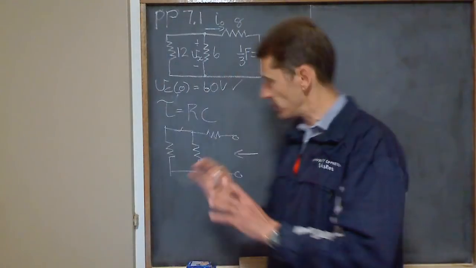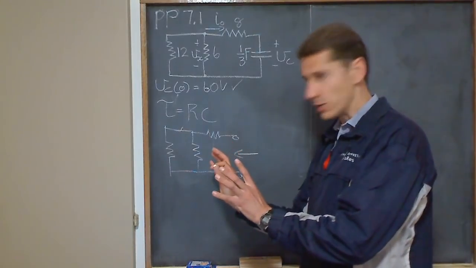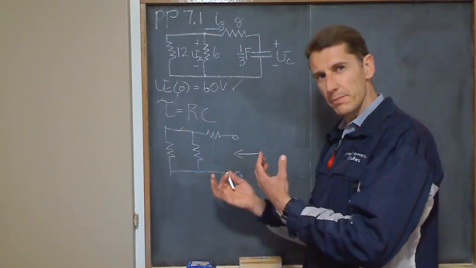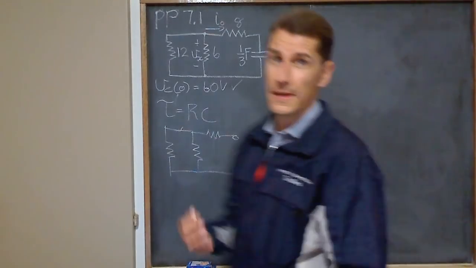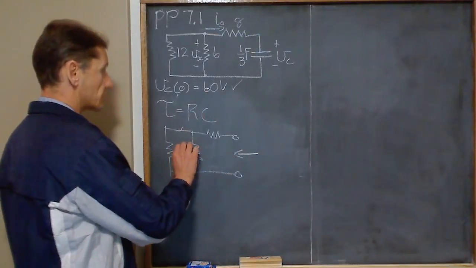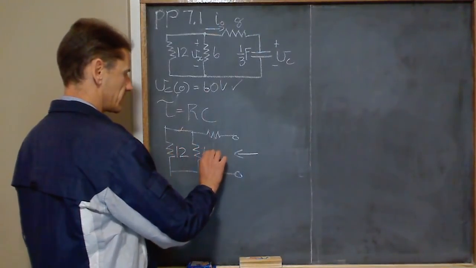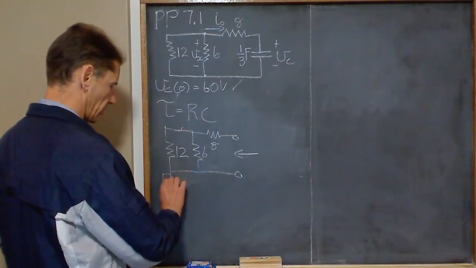So the capacitor is looking from this direction into that circuit, which means we need to simplify from the other side. And you've done a lot of those in EBN. So we need to calculate this 12, the 6, and 8. So what is R equivalent is what we're looking for.